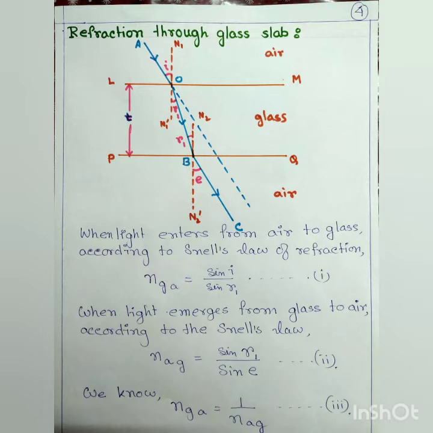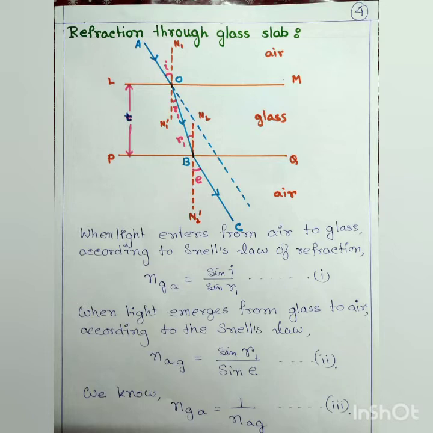Now let us consider the first point where the refraction happens when the light enters from air to glass. The incident angle here is I and the refracted angle we have considered as R1. Now while the light emerges out from the point B, the incident angle is R1 and the emergent angle we denoted here as small e.